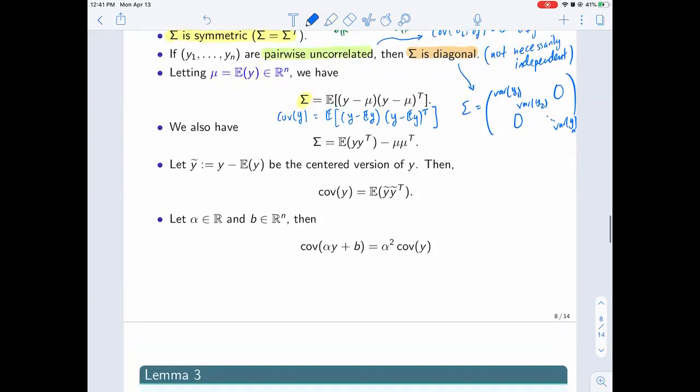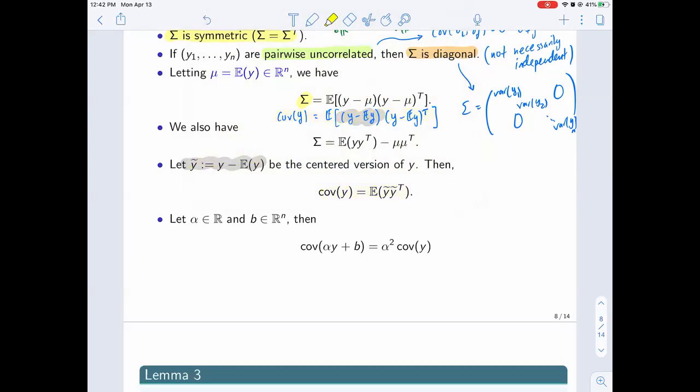Another simple way of writing it: if I define y tilde to be y minus the expectation of y, then if you compare these two equations, they're the same using this definition.